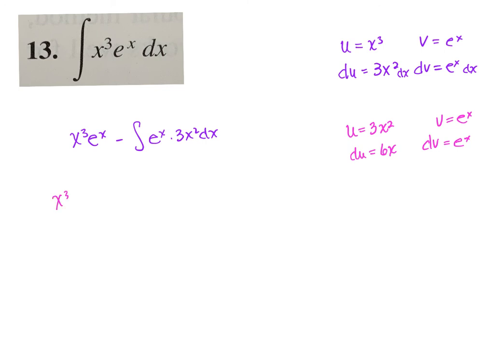So I have x cubed e to the x minus, and this whole thing is subtracted, 3x squared e to the x minus the integration of e to the x 6x dx. And I had to do it again because, you know, just for funsies. So I had to do the same thing with this piece as well.